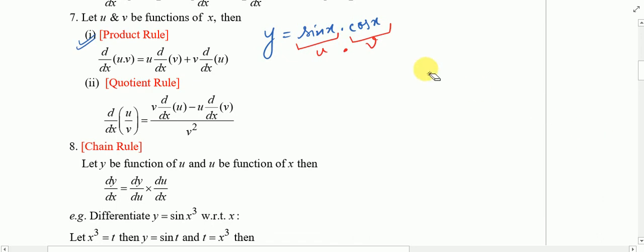Next one is the quotient rule. So suppose you have two functions u and v, and they are of this type, and your u is given this way.